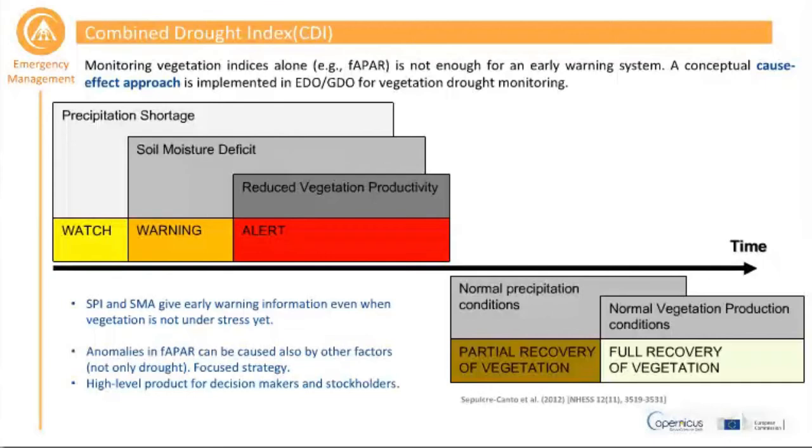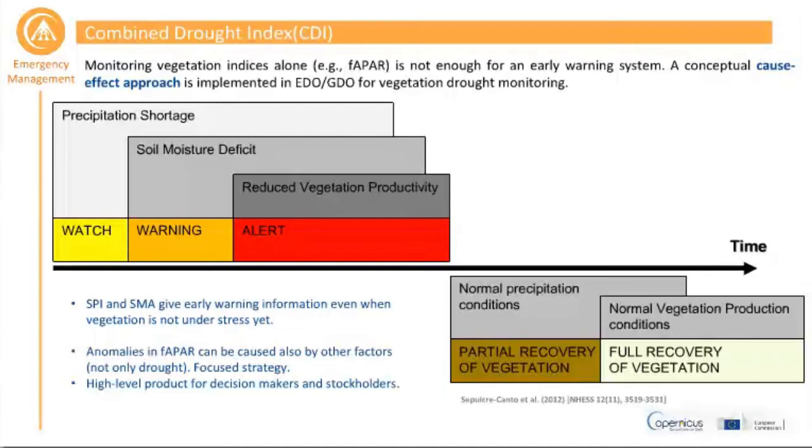So in this way, using precipitation and soil moisture anomalies, we can have early warning information on possible effects on vegetation, even when the vegetation is still in normal condition. Also, we can remove all the events that show anomalies in the vegetation but are not related to precipitation or soil moisture deficit.